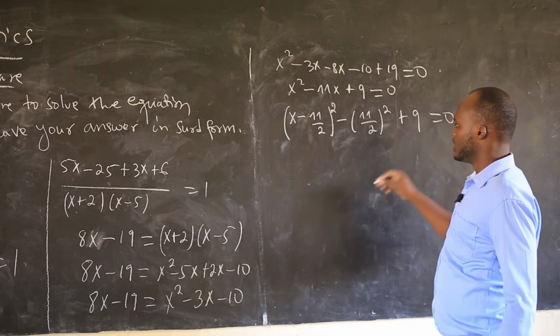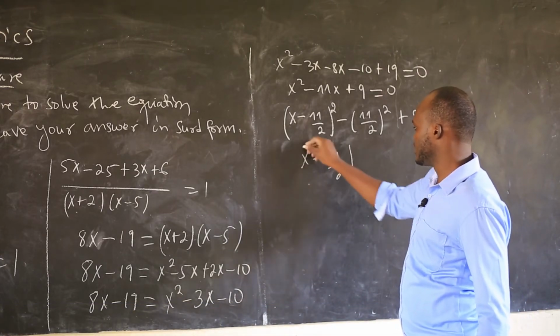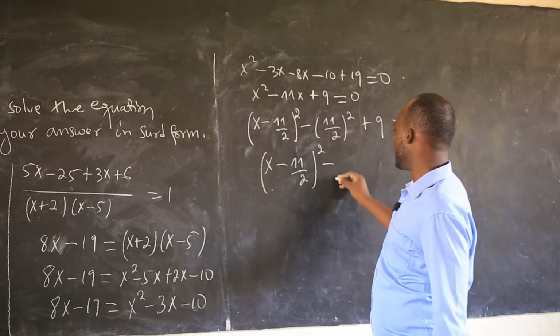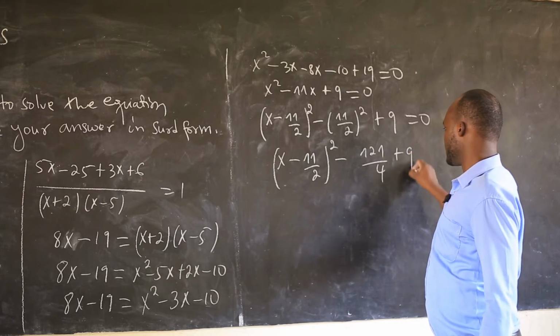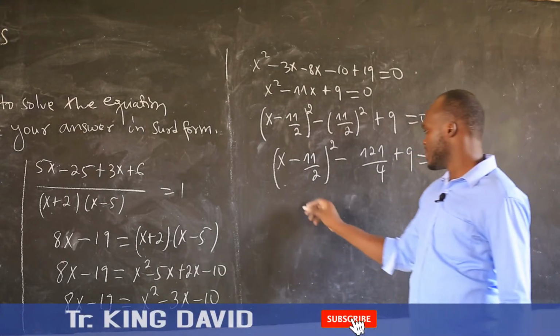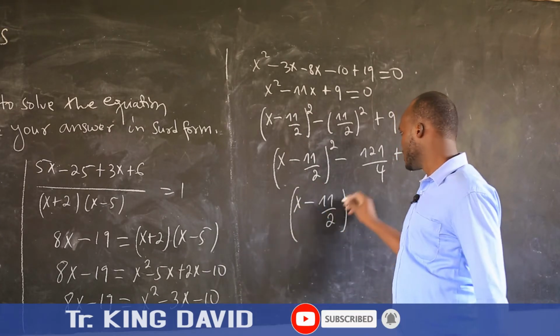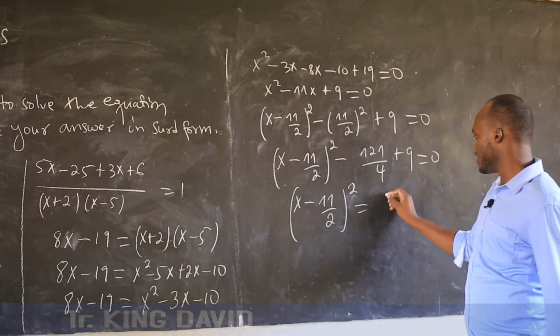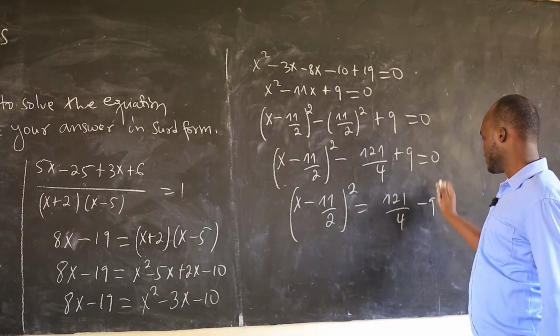So this is x minus 11 over 2 squared minus 121 over 4 plus 9 equal to 0. We take this one to the right hand side, so x minus 11 over 2 squared is equal to 121 over 4 minus 9.